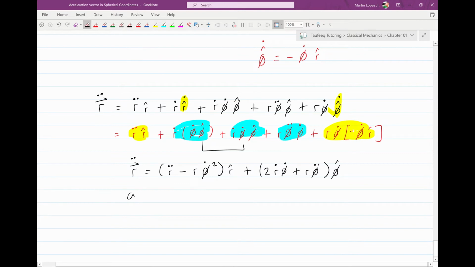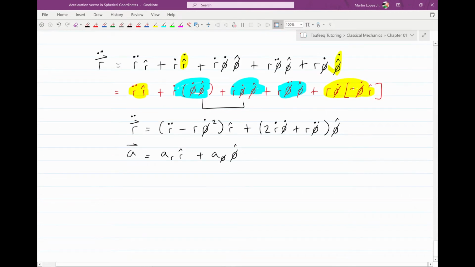Beautiful. Really great. And remember, what is this conceptually? This is just the acceleration. And we have the radial acceleration. And we have the tangential acceleration. Not the angular acceleration, but the tangential acceleration. So I hope you understand that point.